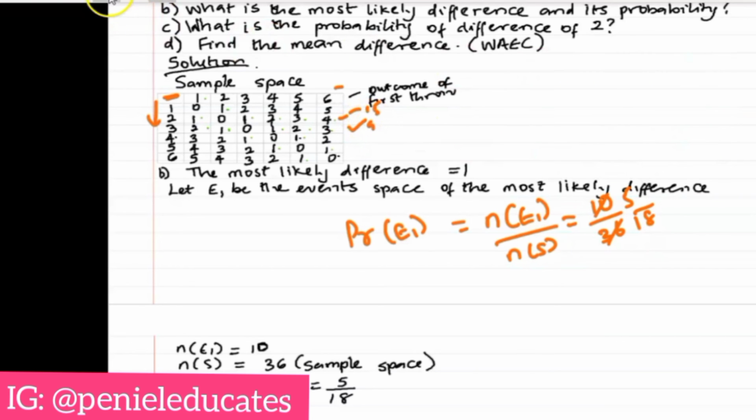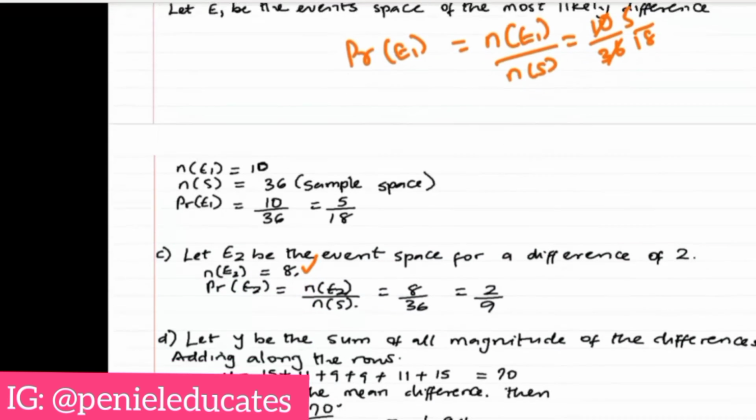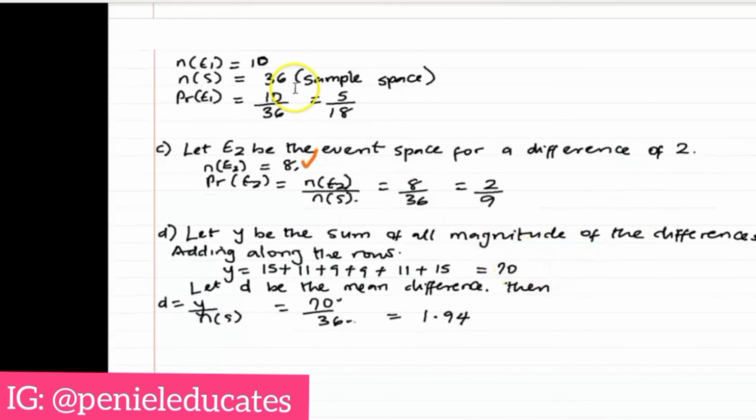If you sum everything together, you're going to have 70. That is the sum of all the outcomes, then over the sample space, which is 36, and that will give you 1.94.